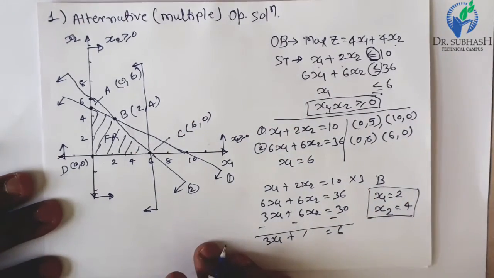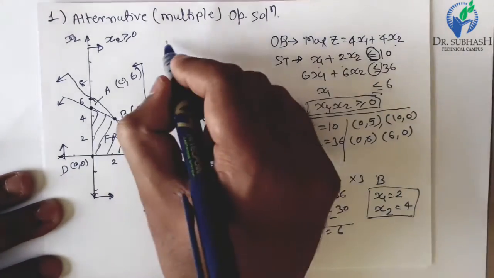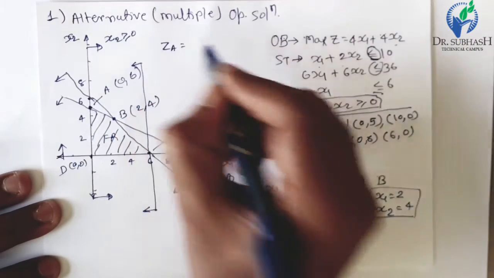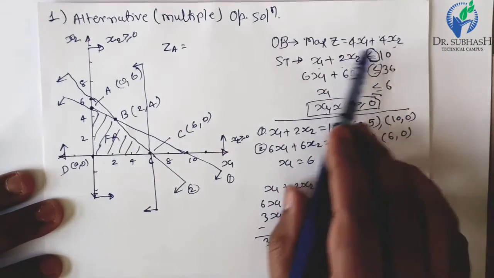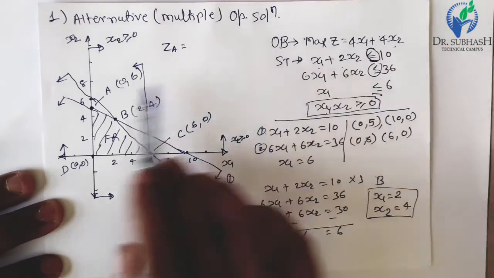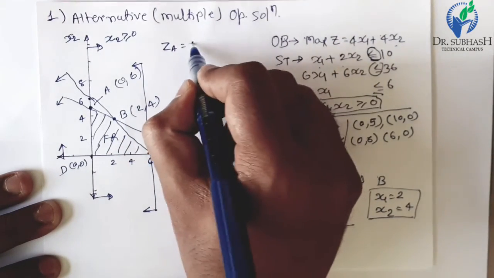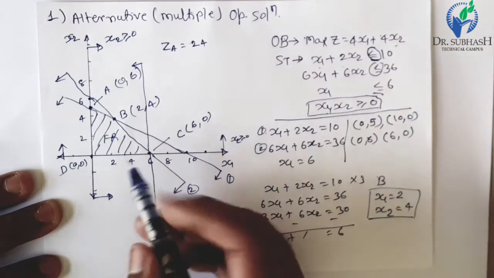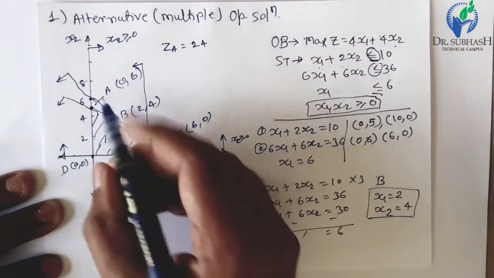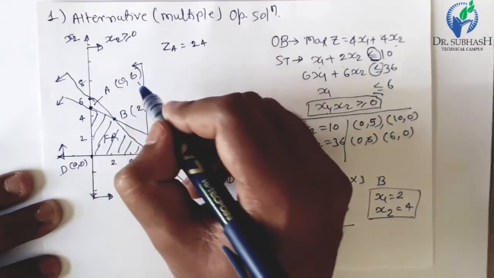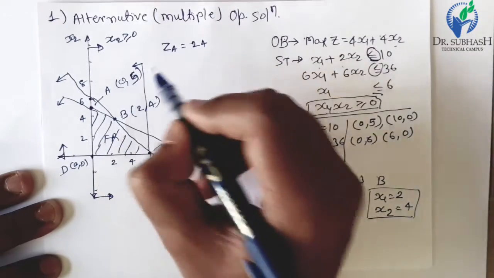Now, calculate the value of z at each and every point. So, say value of z at A. Put the value of x1 and x2 in this equation, 4x1 plus 4x2, it will give us the value 6 times 4 equal to 24. Here A is not 0.5, but A is 0.6, but it is 0.5.